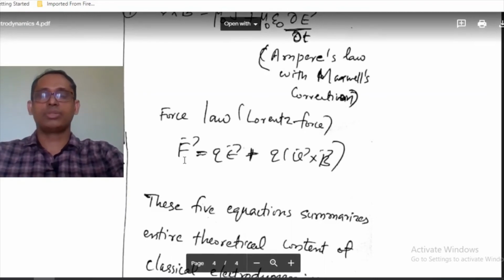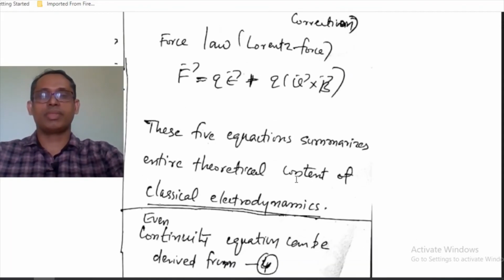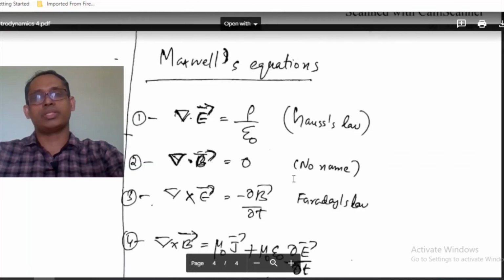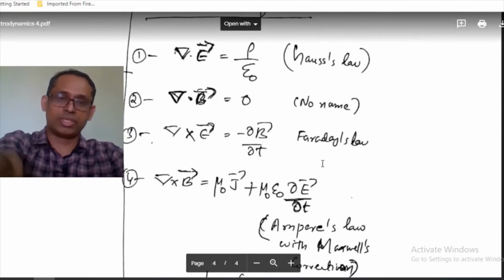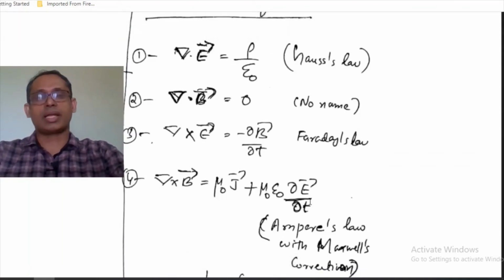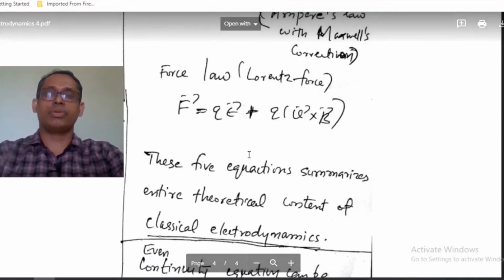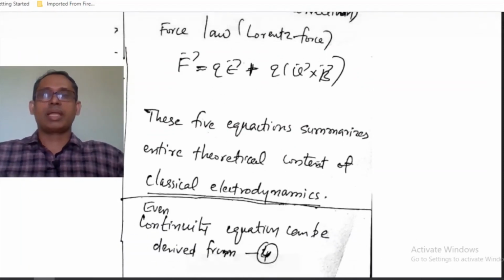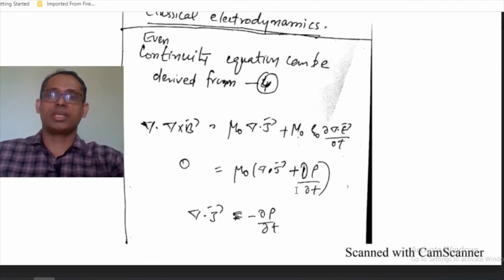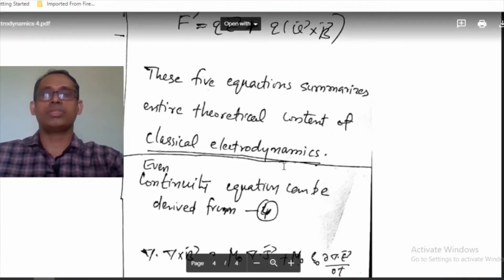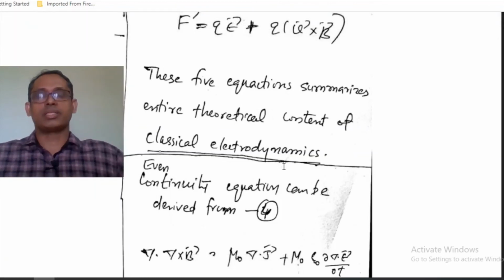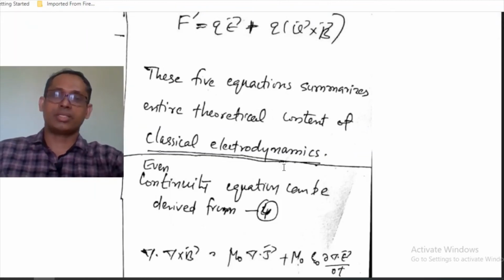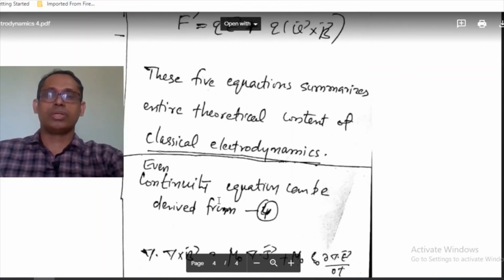So these 4 Maxwell's equations with the corrected fourth equation, and then the fifth equation, F = QE + QV×B, these 5 equations summarize the entire theoretical content of classical electrodynamics.